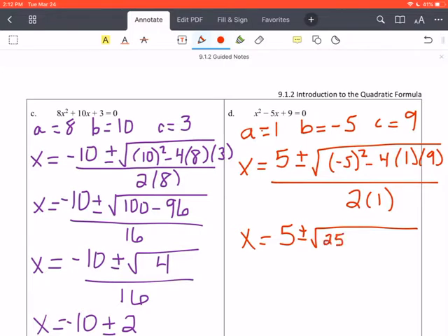When I do negative 4 times 1 times 9, I get negative 36 all over 2. When I take 25 minus 36, I get negative 11.